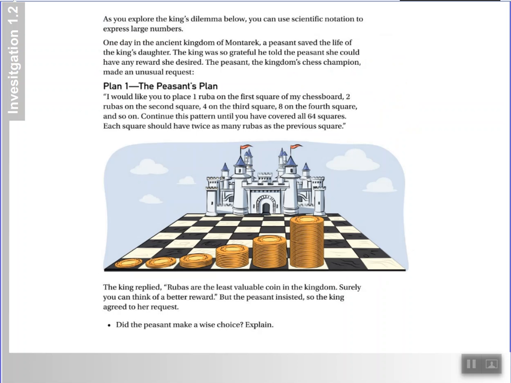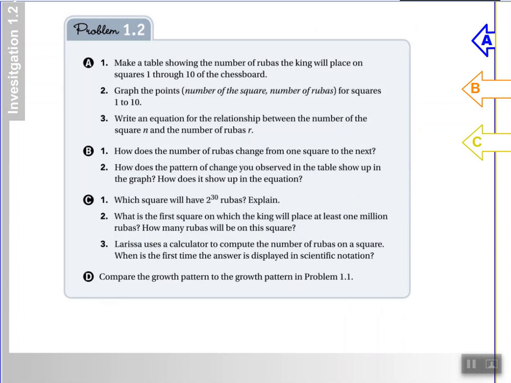We talked about the peasant's plan. So here's what we have for you right now, what you're going to do in your common rooms. You are going to make a table of the number of pennies on the chessboard from 1 to 10. We've already made that table from 1 to 8, so you can just add 2 more, that's fine. Then you're going to make a graph. You're not going to go from 1 to 10, you're going to go from 0 to 5 for the number of squares.